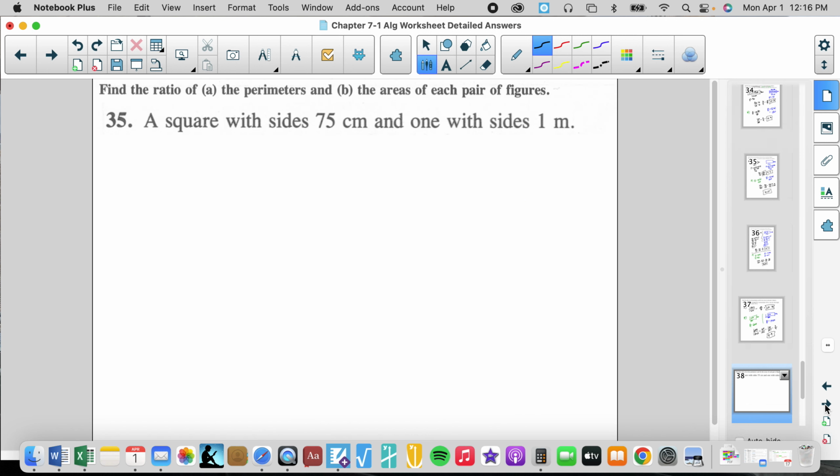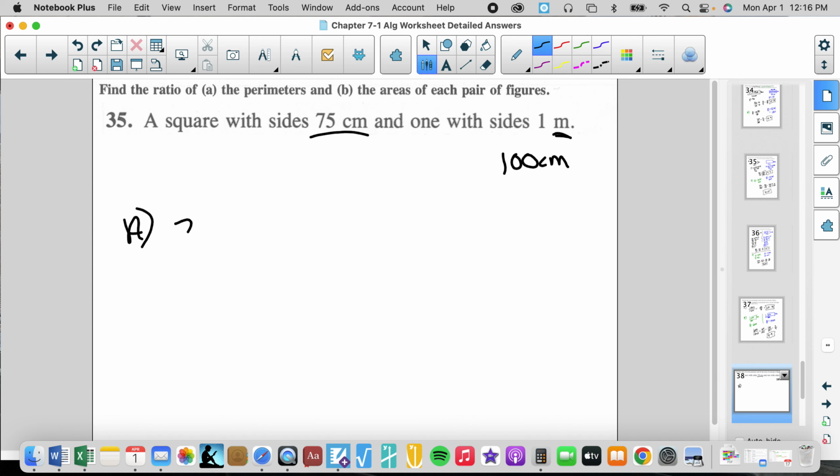Square with sides of 75 and one with sides of 1 meter. So notice different units. So 1 meter is going to be 100 centimeters. So perimeter, let's do perimeter first.